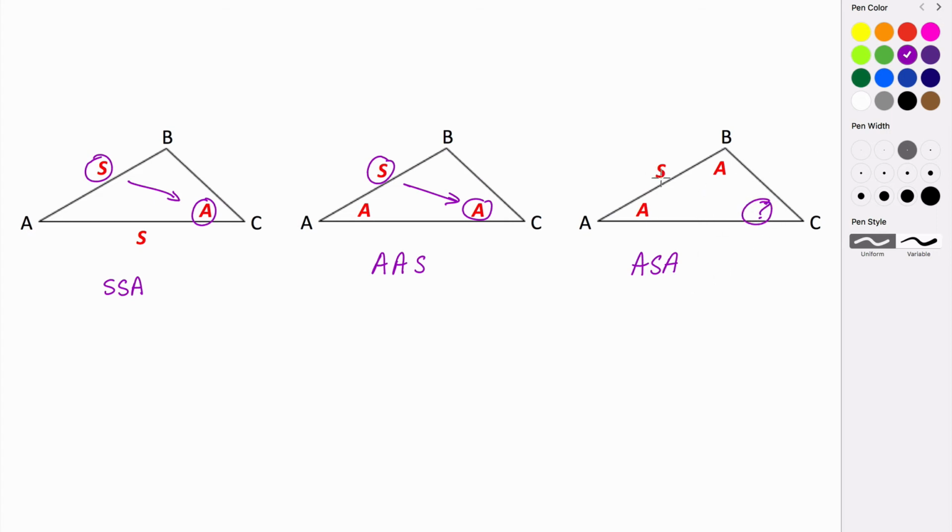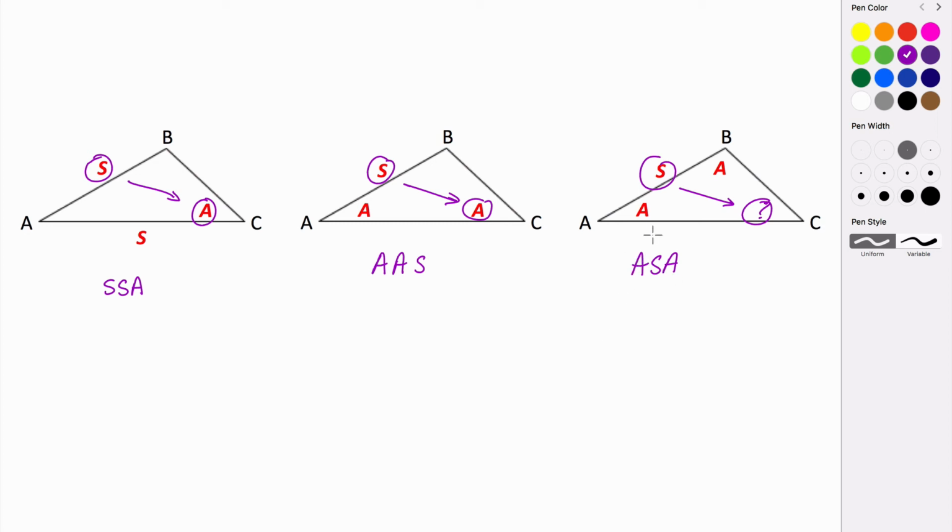This measure here can easily be found because we know that all of the angles of a triangle sum to be 180. And since we're given two angle measures, we can find the third easily by just subtracting their sum from 180. So we do in fact have an angle side pair. It's just we have to do a little extra work to find it. So in order to use the law of sines, we need to be given one of these three types of triangles: a side-side angle triangle, an angle angle side triangle, or an angle side angle triangle.